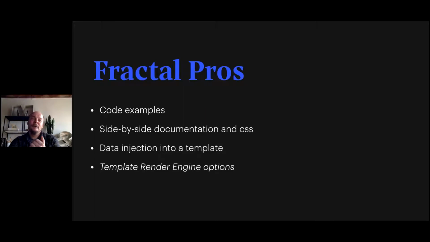But also, an important part to being able to connect those two is having an appropriate template render engine option. Those three words are really hard to say next to each other. But yeah, if we look through Fractal's options, we see that it uses Handlebars out of the box, but it also uses Mustache. It also uses Nunjucks for you Apostrophe folks.